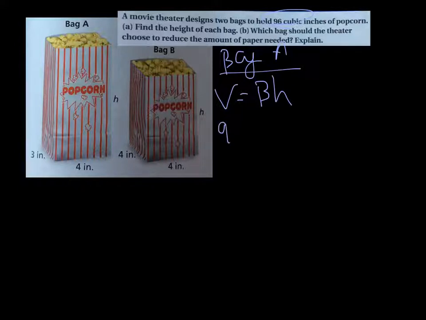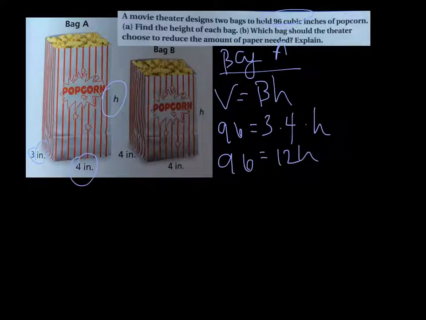The volume is 96, as the word problem told us. The area of the base is going to be length times width, right? So we have 3 times 4 times this height, which is our unknown. So we get 96 equals 12h. Divide by 12, divide by 12. 8 inches is the height of bag A.